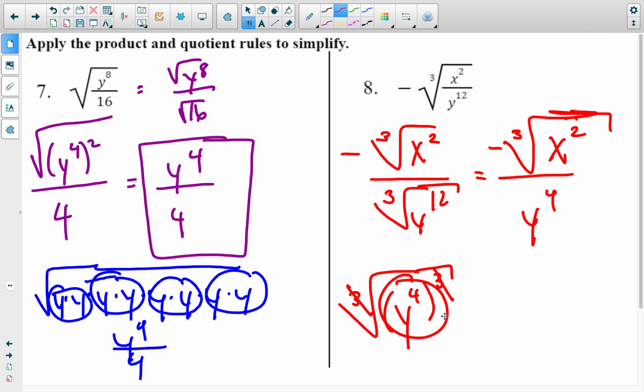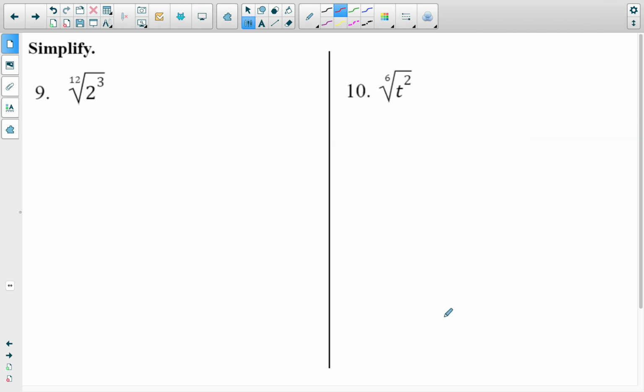Okay. All right, a few more examples. Let me see if there are any that we need to go through. So this is the case where we can look at this 12 and this 3 and say, okay, you know what? They can be divided by each other. 12 divided by 3 is 4.